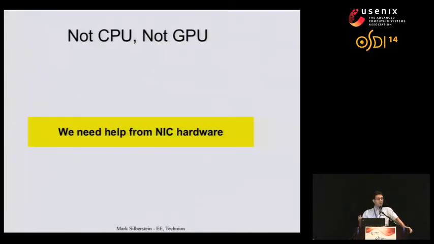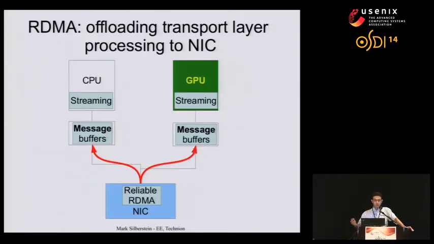So if we don't want to use the GPU for transport layer processing, and we don't want to use the CPU for transport layer processing, who's going to do this transport layer processing at all? We are off to use the NIC for that, and we're actually using reliable RDMA messaging. Reliable RDMA messaging essentially allows one application to send data directly into an application-level buffer of another application over the network.